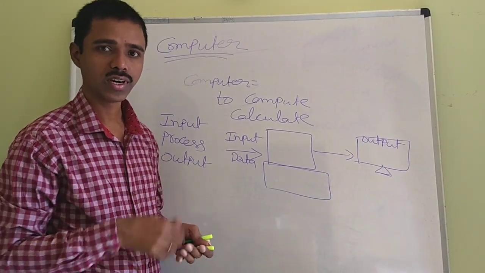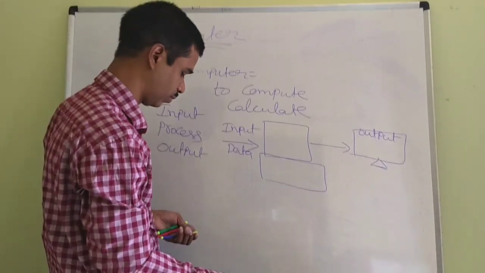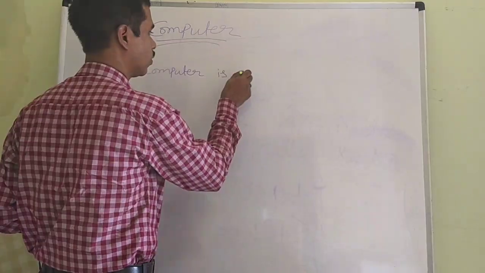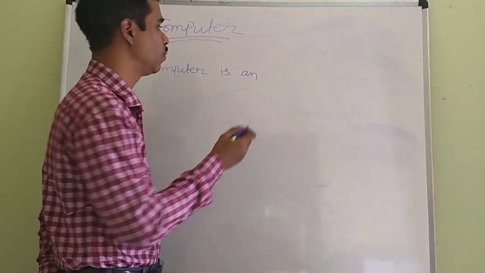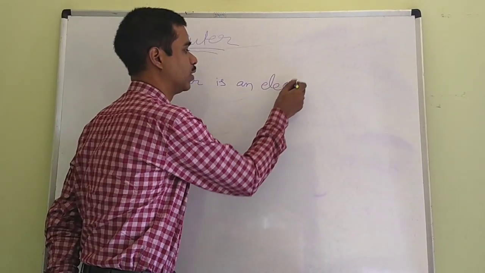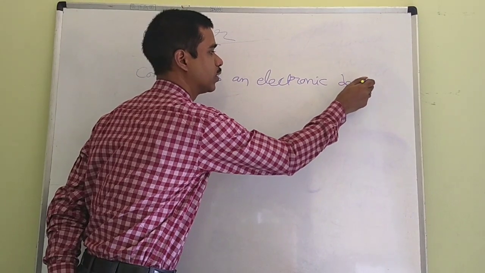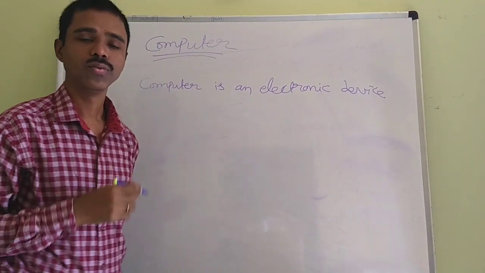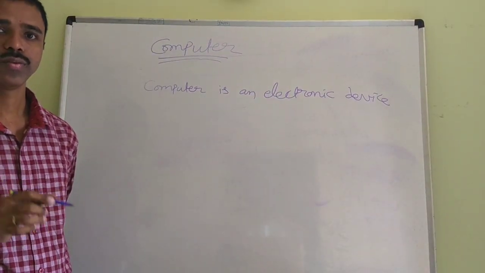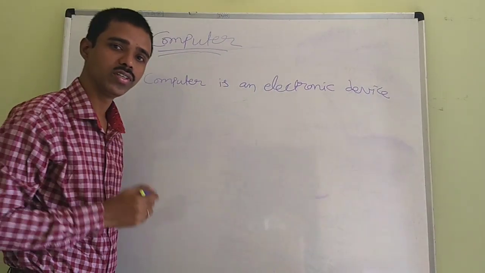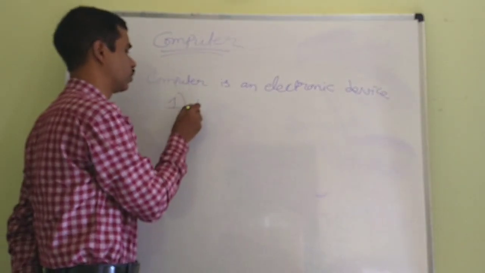Now we will go for the technical definition of the computer. Computer is an electronic device which is able to do four basic operations. The first operation is input.